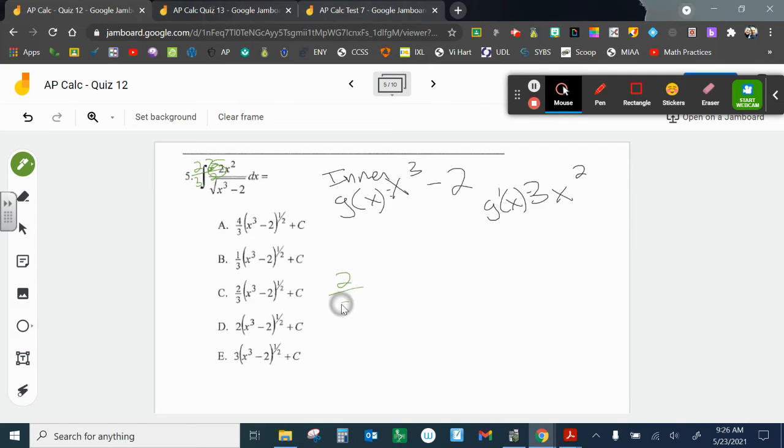I'm going to have 2/3, the integral, and up here I'm going to have my g prime of x, and then this is obviously a square root, but I'm going to move it up top. So that's my f of x, something to the negative 1/2. So that's my outer function.